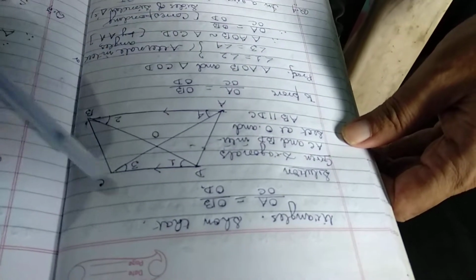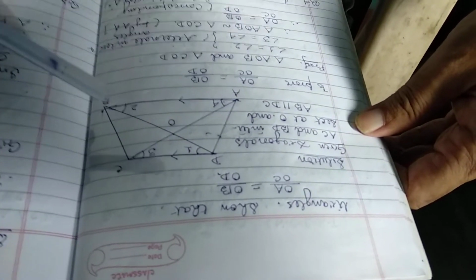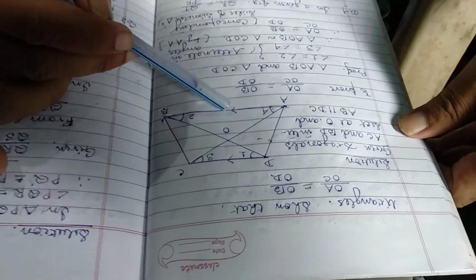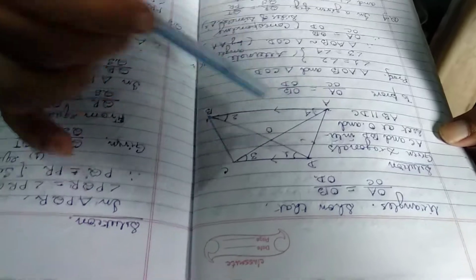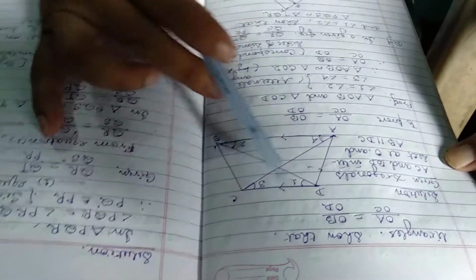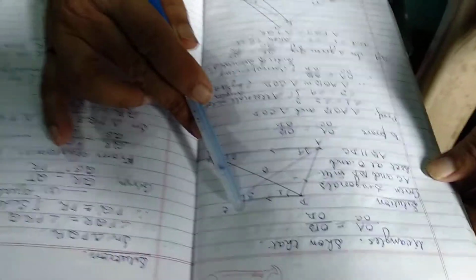Now, you know, in a trapezium, one pair of opposite sides is parallel but not equal. Here, ABCD is a trapezium in which sides AB and DC are parallel, given.